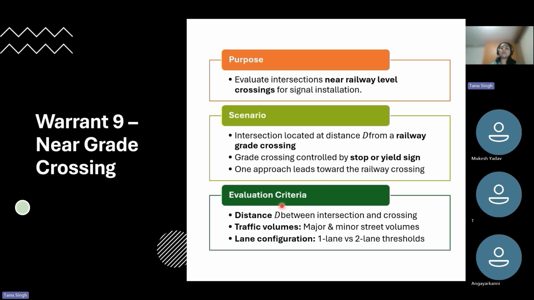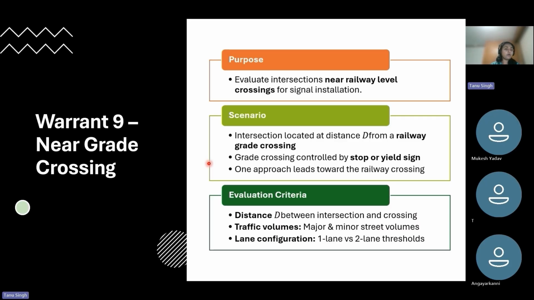The evaluation criteria are based upon the distance D between the intersection and the crossing, the traffic volume on the major and minor streets, and the lane configuration thresholds, that is 1 lane versus 2 lanes. If these thresholds are met, a signal may be warranted to improve safety and flow.